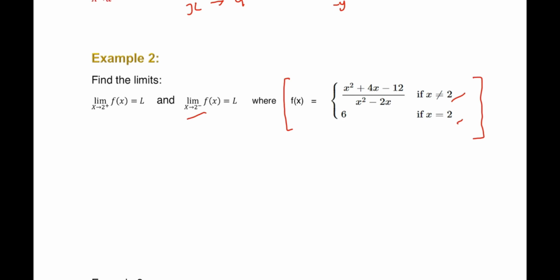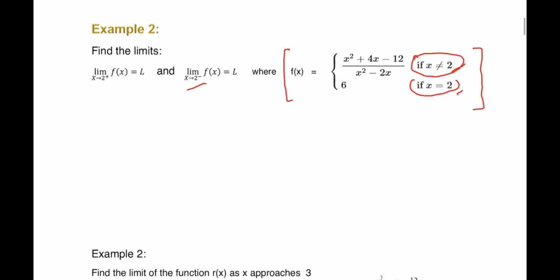So basically the point that we are approaching is 2, but when you look at the first function, the condition says 2 is not included, and in the second one, 2 is included because x is equal to 2.